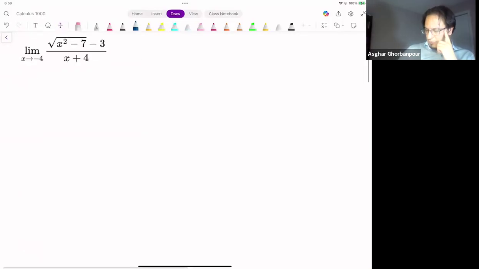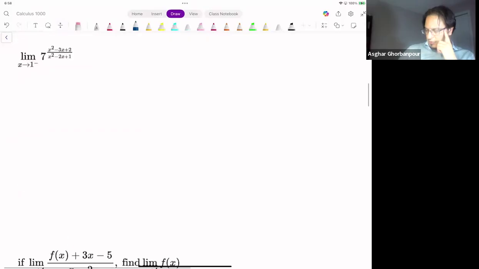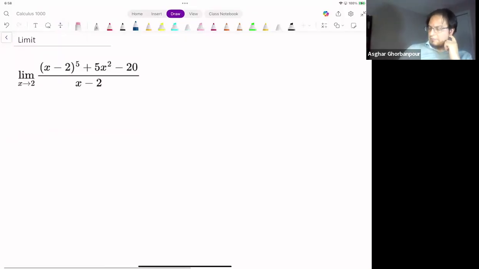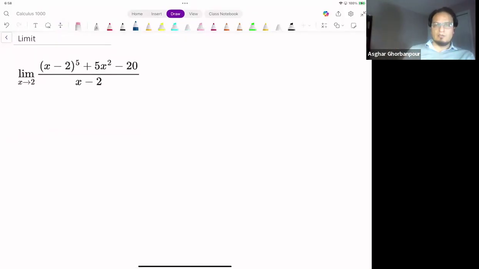I'll have three that just evaluate the limit, and then we will have a whole bunch of related questions, including limit at infinity, horizontal, vertical, and a few more things there. Okay, so let's start with the first question. I will give you about a minute to figure out what we are going to do here, and then we go from there.